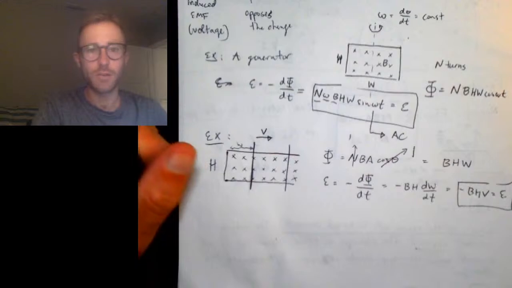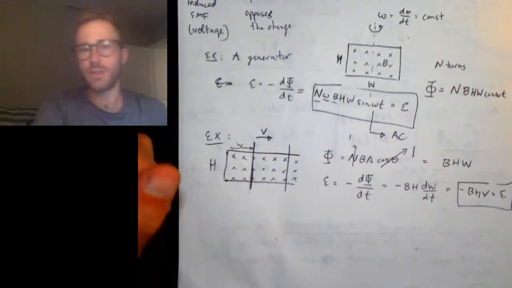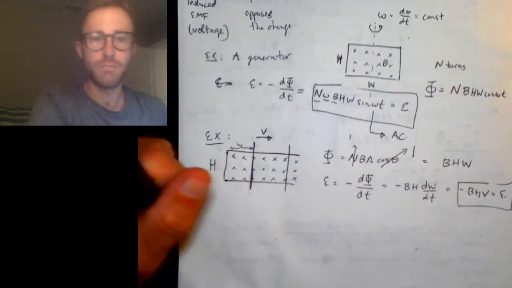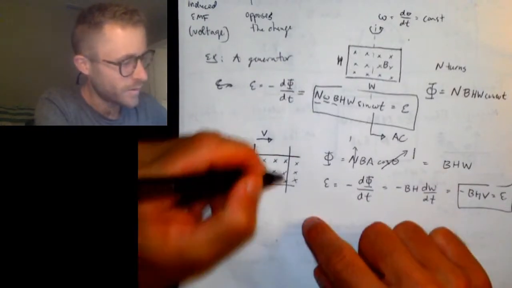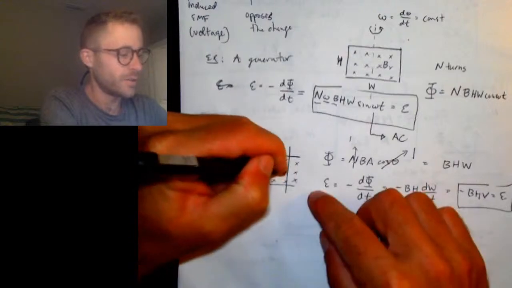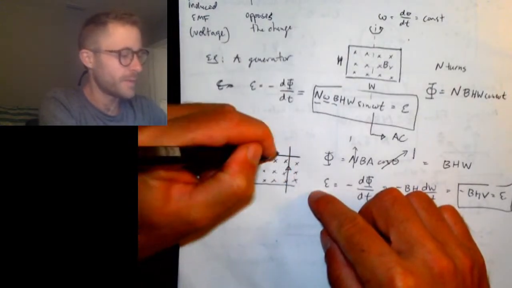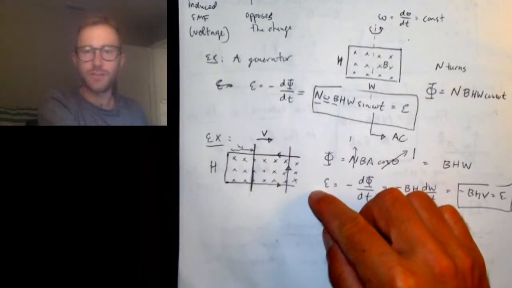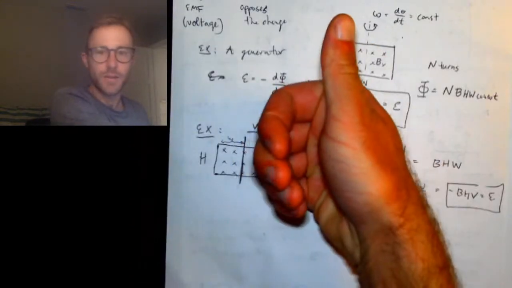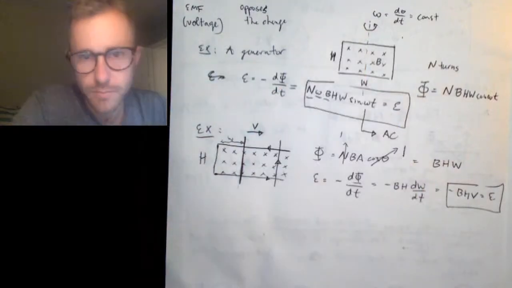I'm going to make my own out of the page flux to cancel that change. And so it will make an electric current that goes this way, because that sense will create a magnetic field that is out of the page.